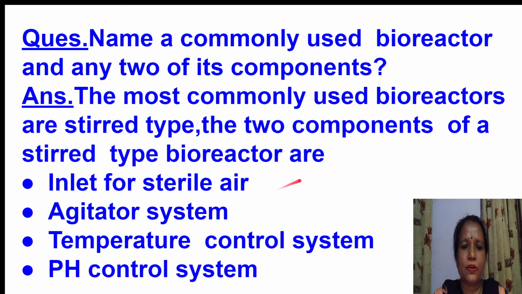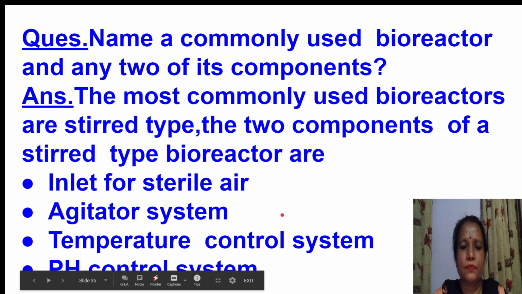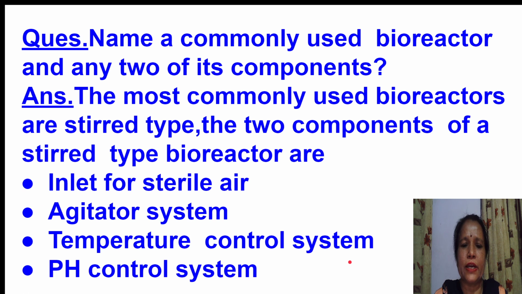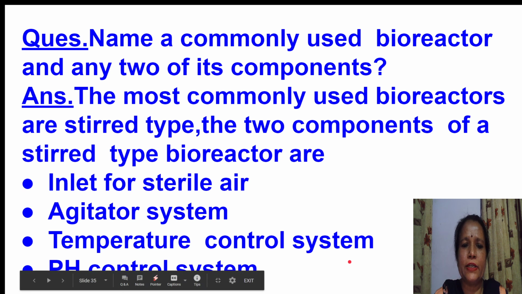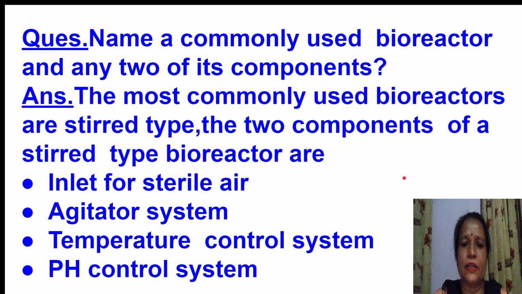Inlet for the sterile air, agitator system, temperature control system, pH control system. So all these components are present in the bioreactor, which will provide suitable conditions for the host cell to grow so that we can obtain the desired products in a large quantity.